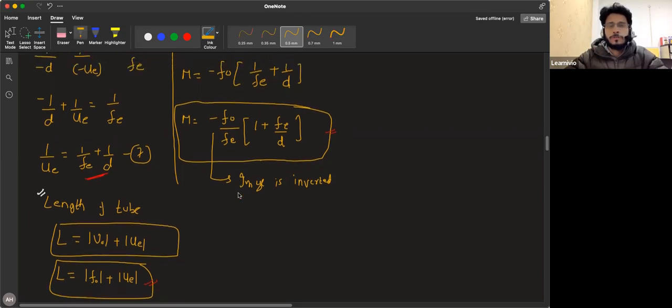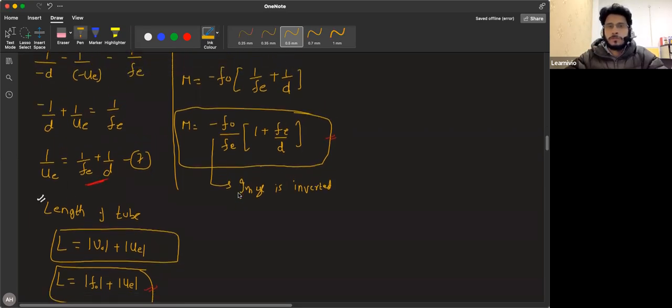Yes, written. Let's do the last derivation. You can take screenshot of the last derivation if you want.